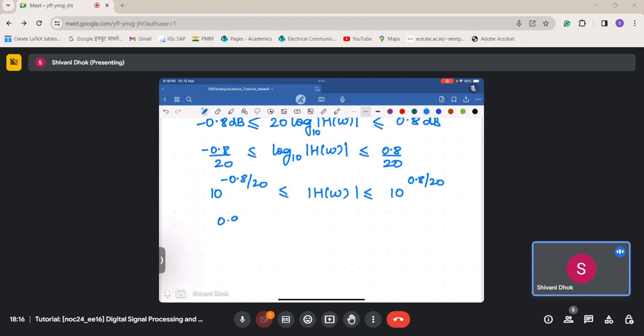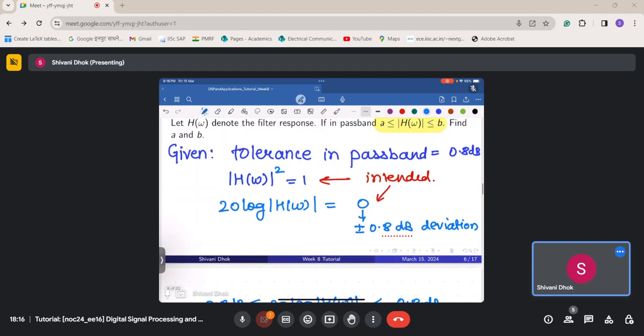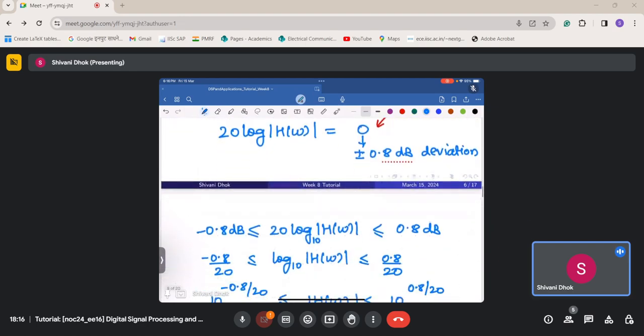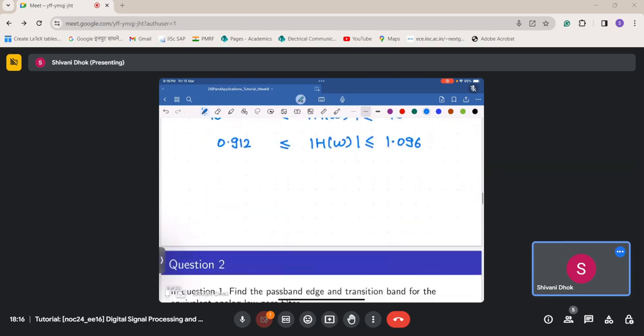If you use calculators, this comes out to be something like this. This is the final answer that we wanted to find out. Simple question. Any queries here?